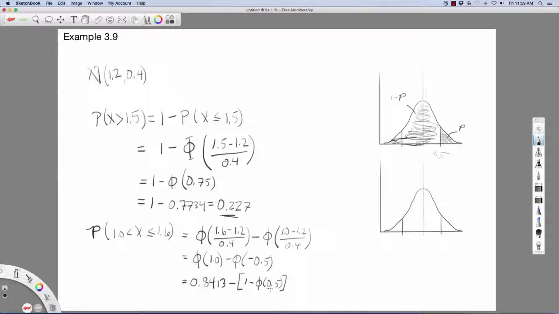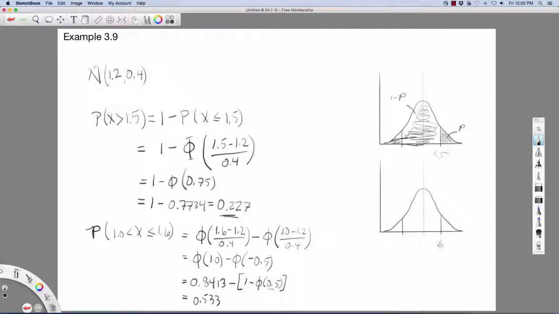When we look that one up, we find 0.6915. When we plug that in and crank it all out, we end up with the final result of 53.3%, that the random variable x will take on a value less than or equal to 1.6 but greater than 1.